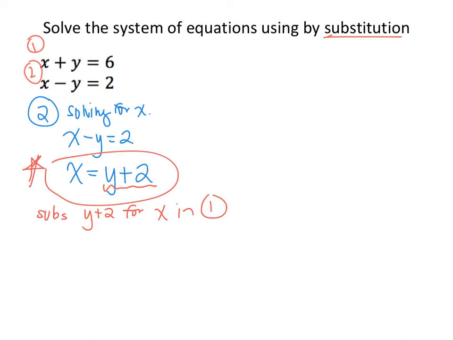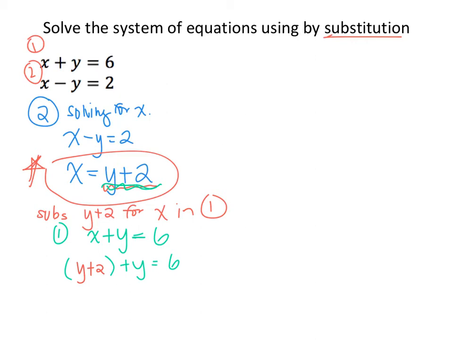Copying the first equation, I have x plus y is equal to 6, but instead of x, I'm going to write y plus 2. So I have the equation (y plus 2) plus y is equal to 6. From here, I'll just solve this normally for y.